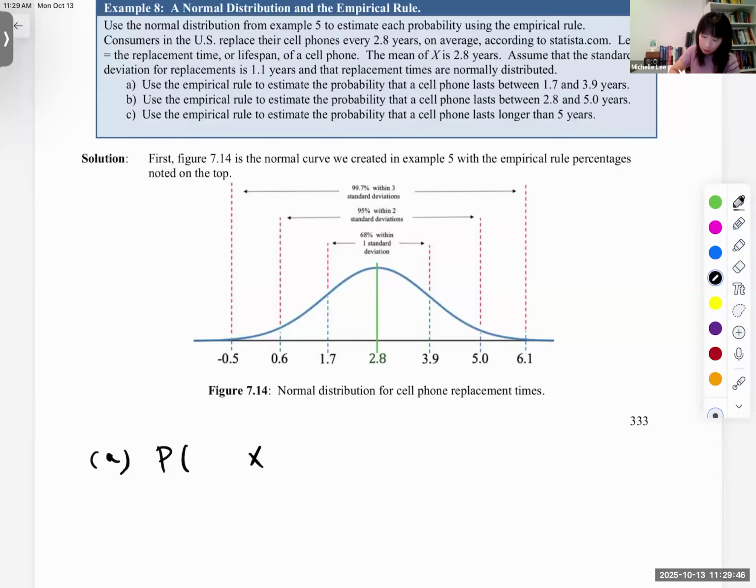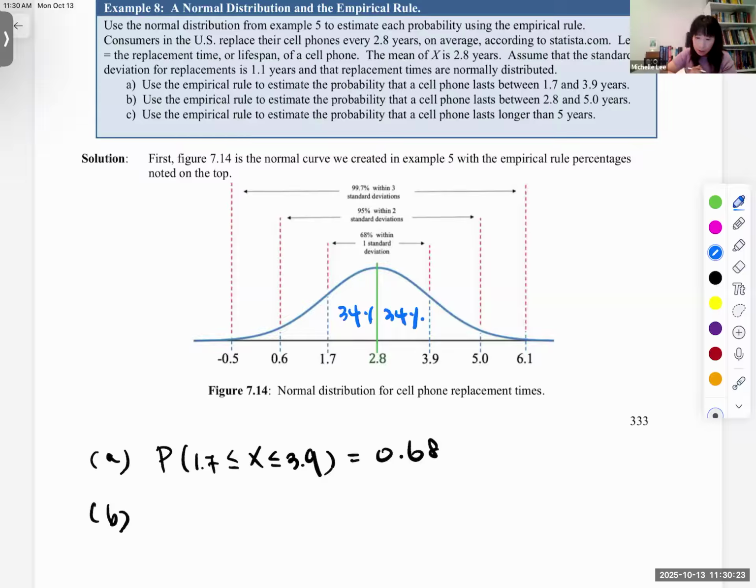What about between 2.8 and 5.0? This one I went over in the beginning when I introduced the empirical rule. So 68% divided by 2, what do you get? 34% each, right? 34%, 34%.